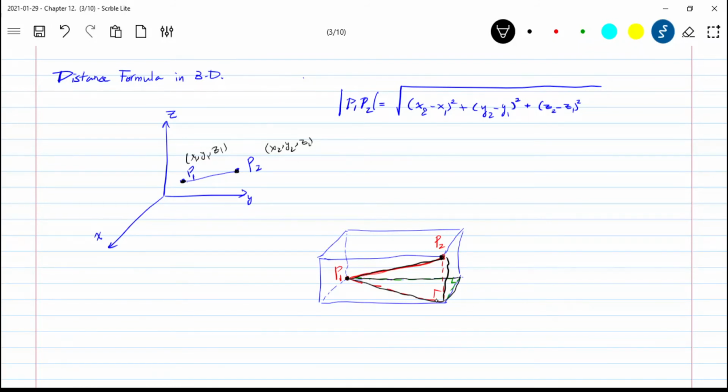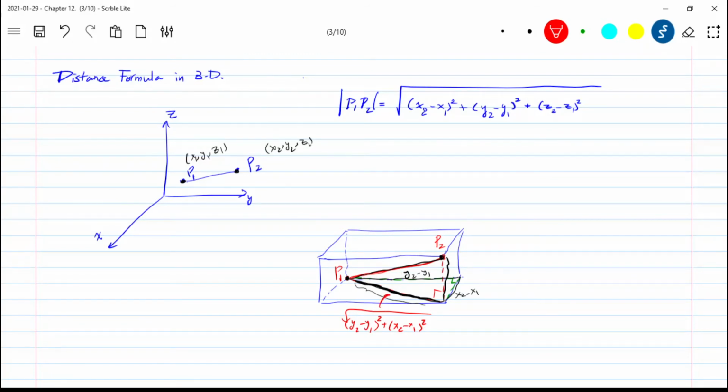From the green one, you can find this length, because the green is basically the difference between y2 minus y1, and here would be the difference between x2 minus x1. So this length would have been the square root of y2 minus y1 squared plus x2 minus x1 squared.